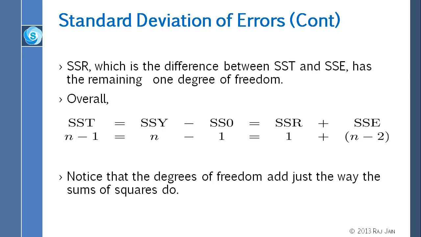Just like these squares add up, the degrees of freedom also add up. So now when you do the standard deviation of the errors, you don't divide by n minus 1, you divide by n minus 2. There will be other quantities that we will see later on where you divide by n minus 3, and so on.